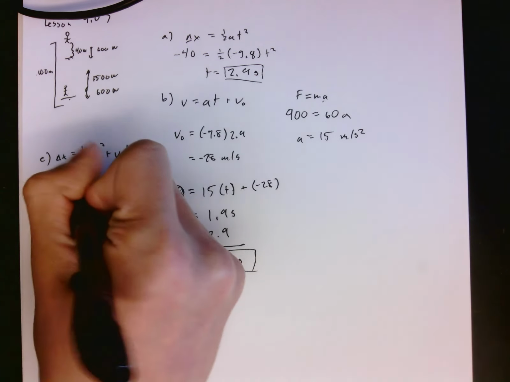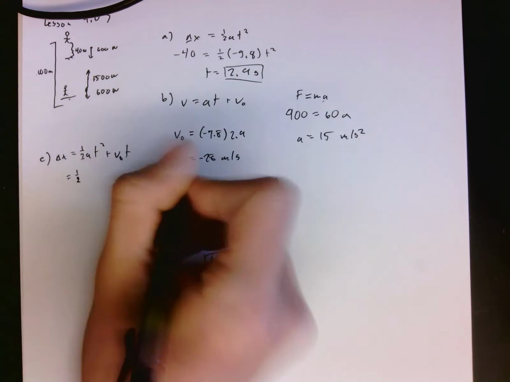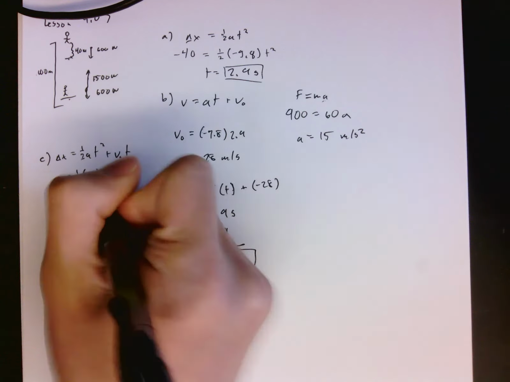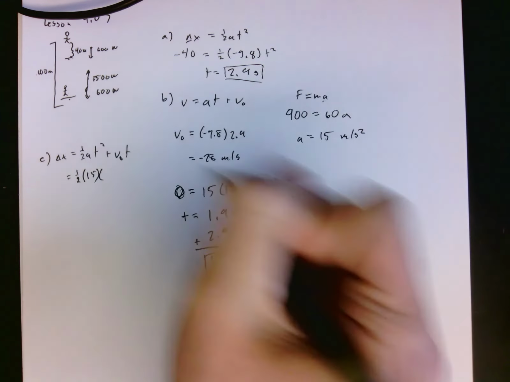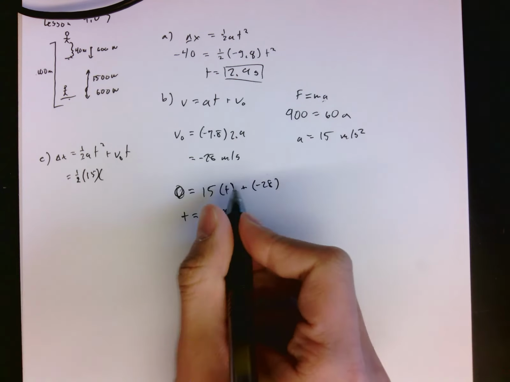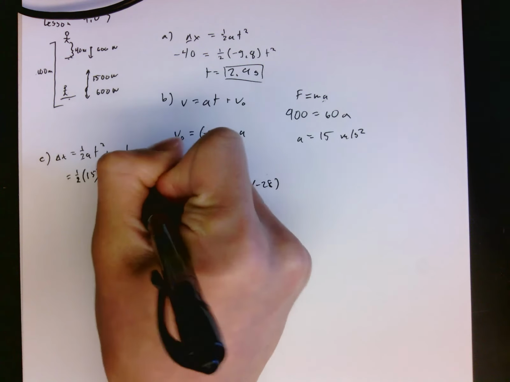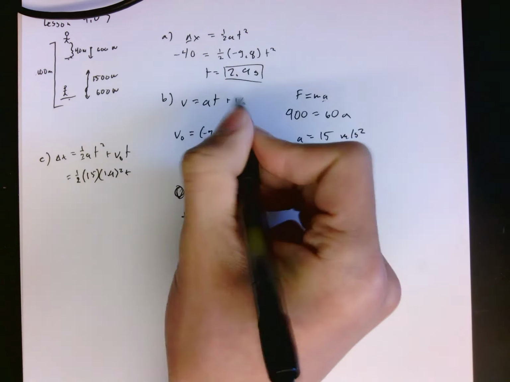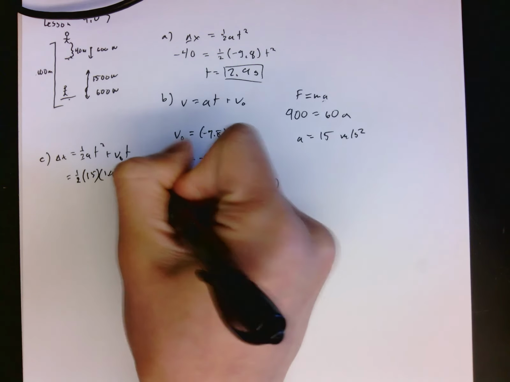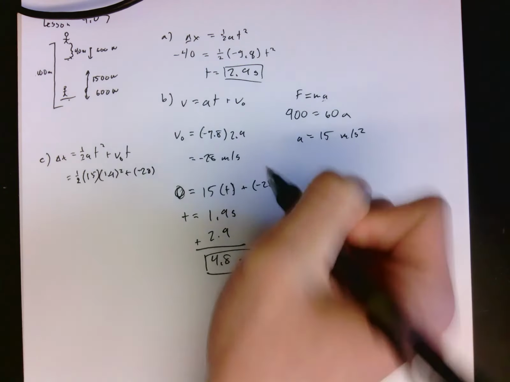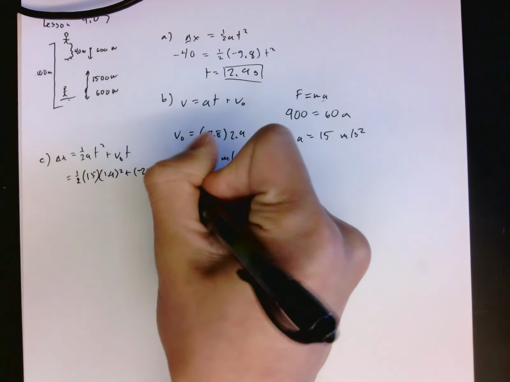So displacement x equals 1/2 times the acceleration we found in part B, times t, the time we found before we added the 2.9, so 1.9 squared, plus the initial velocity, which is what we found here also, so negative 28 times t again.